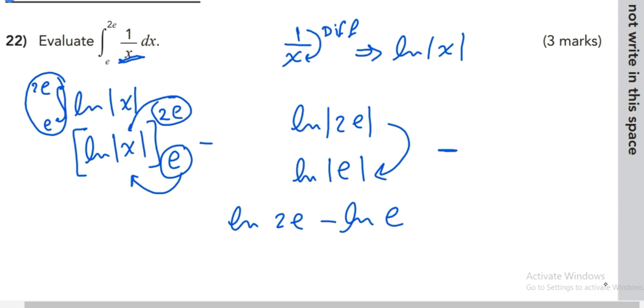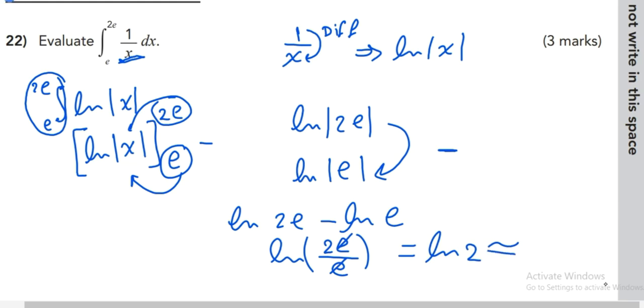As we said before, from the properties of logarithms, ln minus ln equals ln of the division, so it will be ln 2e over e. By simplifying, cancel e with e, it will be ln 2. And if you want to write it as a decimal, it will be 0.693. If he didn't ask to write it as a decimal, you can cancel this part.